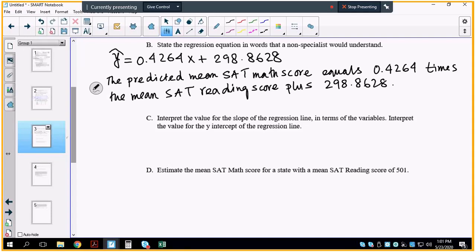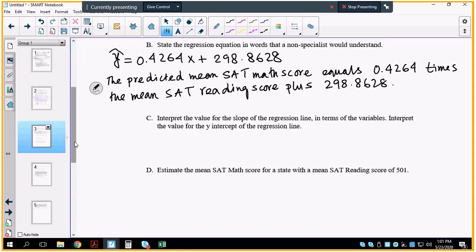If I write the regression line this way, then anyone would be able to read this sentence and interpret it. So if you want to know the mean SAT math score for a state, all you need is the mean SAT reading score. You multiply the mean SAT reading score by 0.4264 and add 298.8628, and you get the predicted mean SAT math score.